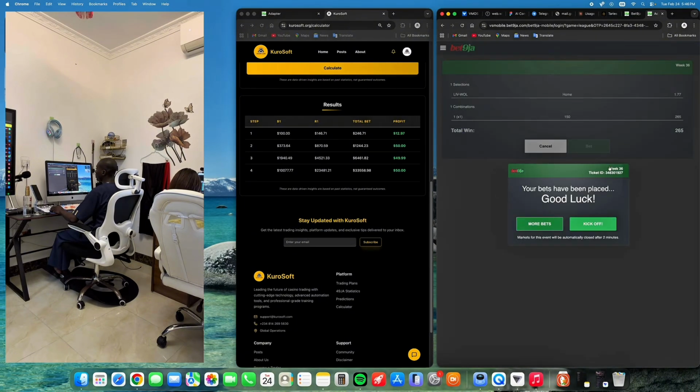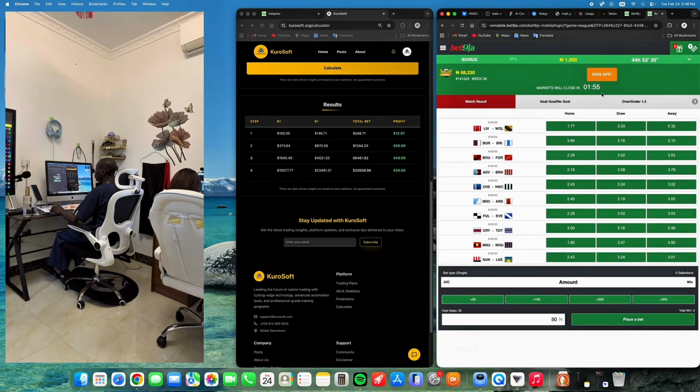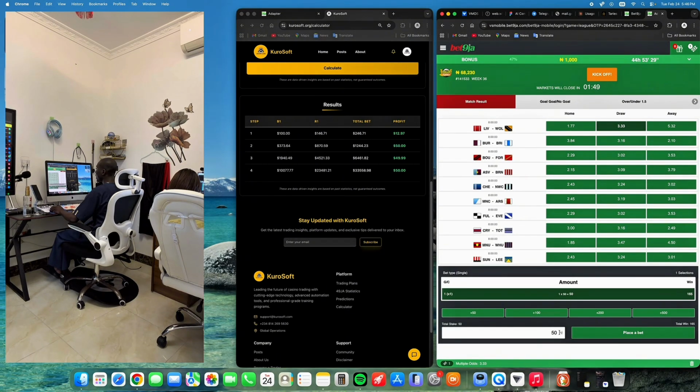With the 150, we'll make a total of 265 naira. So after placing the bet, don't click on kick off. You come to more bets. Now you have 1 minute and 50 seconds thereabout to make another bet. So on the second bet, if we use 50 naira, we'll make a total win of 165, which will not cover our previous bet, because the previous bet was 150 plus 50 naira, that's 200.